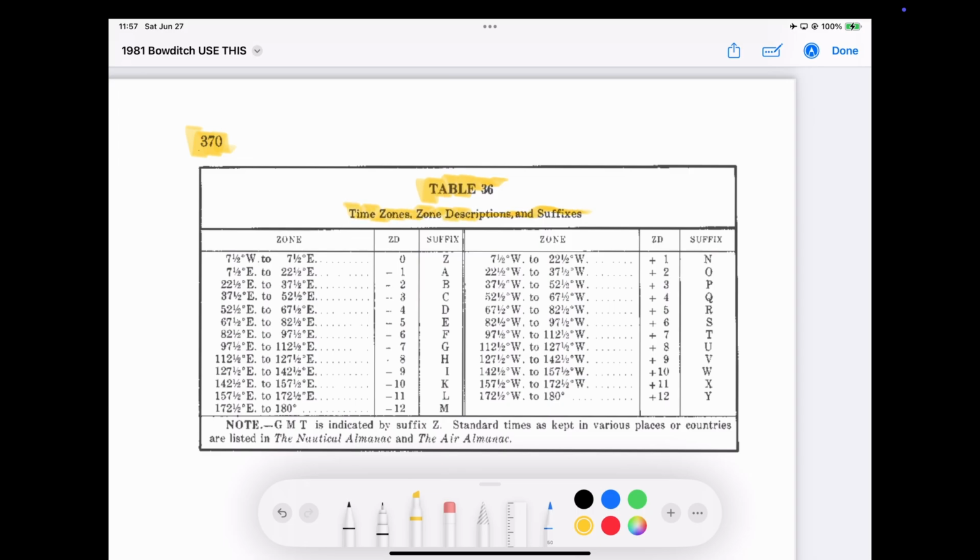Where does my longitude fall in line at? 57 degrees west. I see 52.5 degrees west to 67.5 degrees west. So +4 zone description. All right.